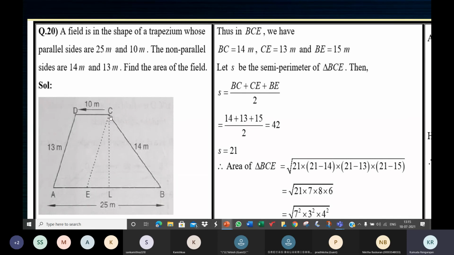Through C, draw a line CE parallel to DA. That's all. This will do our job. When you do this, now this one is a parallelogram.